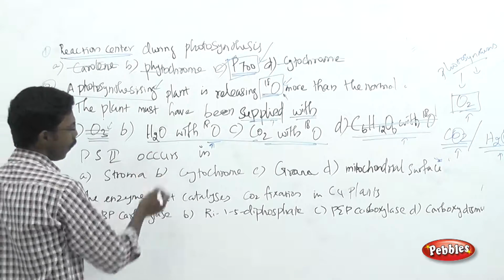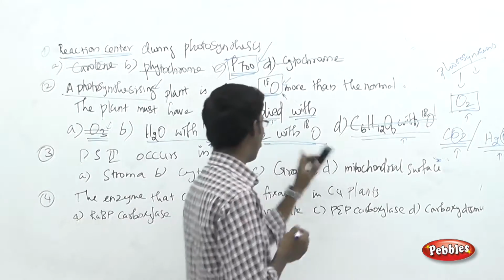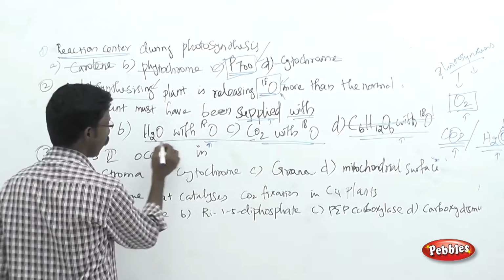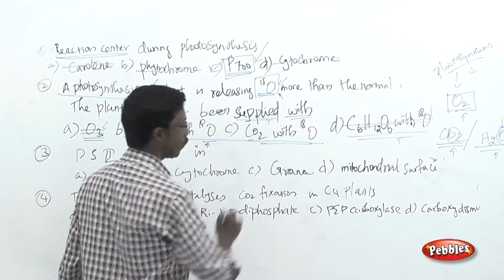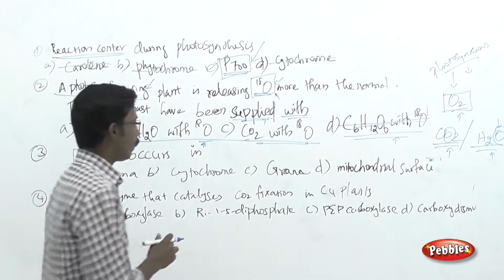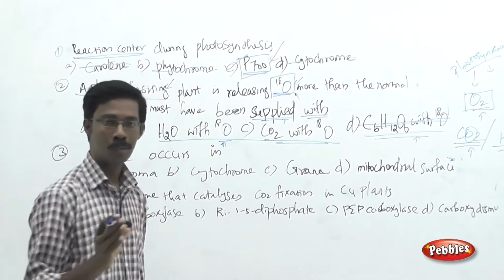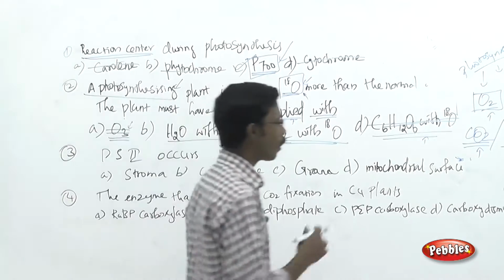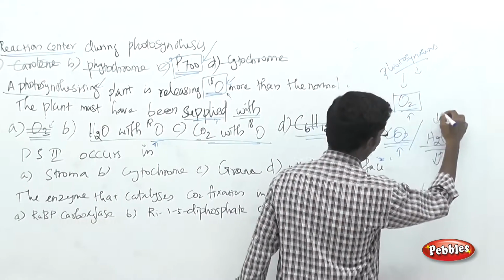Okay. So over here you have to remember one thing. Among these two choices, water with O18 or carbon dioxide with O18. Okay. So the key point you have to remember in photosynthesis: the oxygen evolution from photosynthesis is from the splitting of water. Okay.